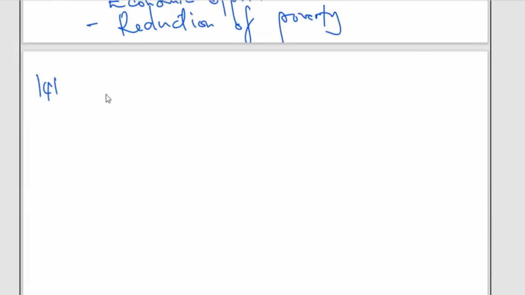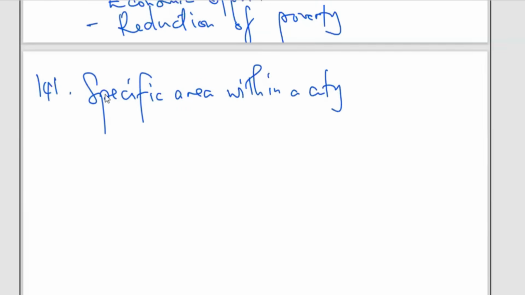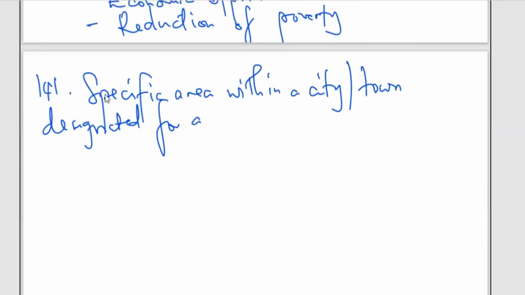When you're looking at an urban land use zone, we are saying it's a specific area within a city or a town designated for a particular activity or for a particular function.